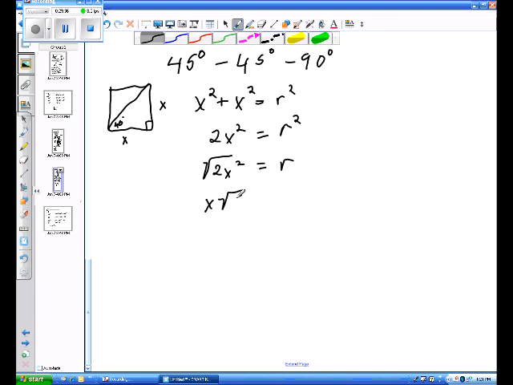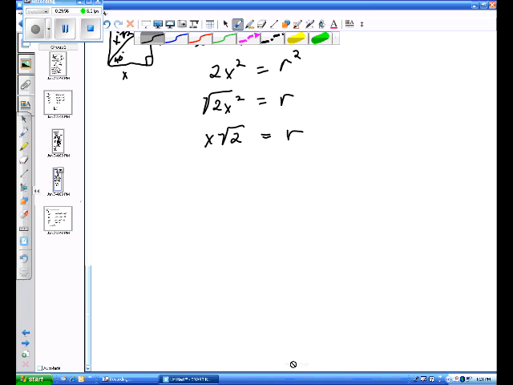Well, we can't take the square root of 2, but the square root of x squared is x. And so our diagonal then is x, the side, times the square root of 2. And we can use this then to solve some right triangles.